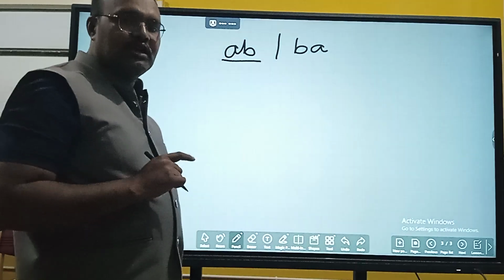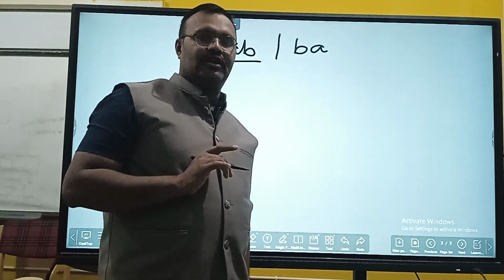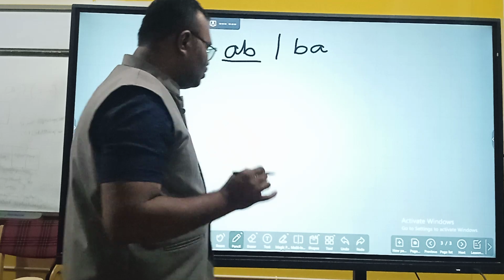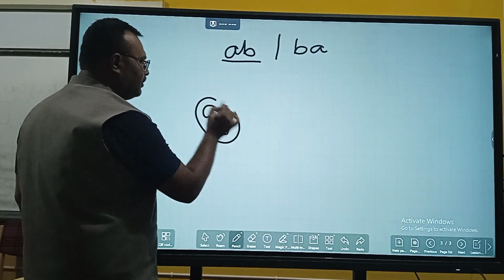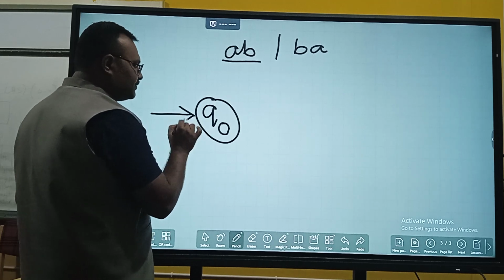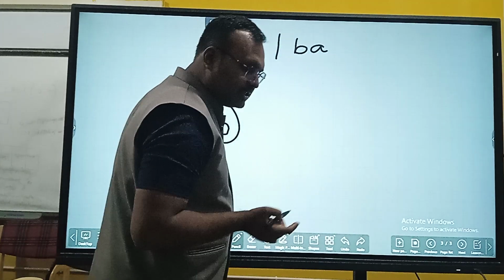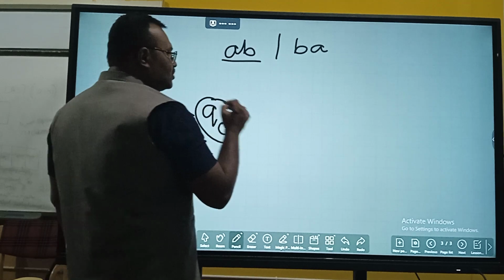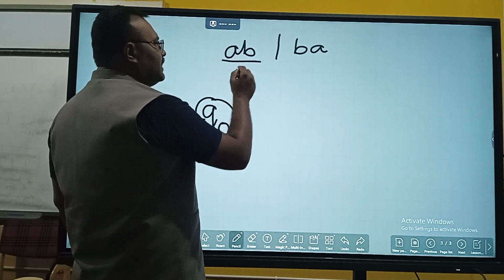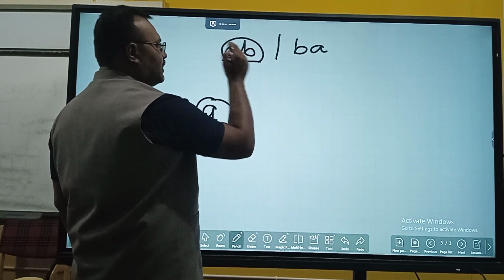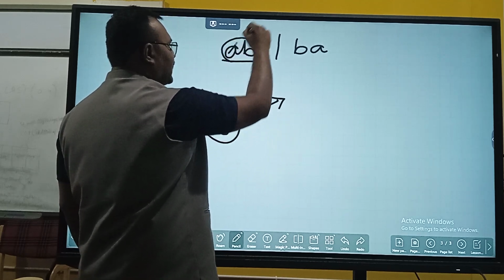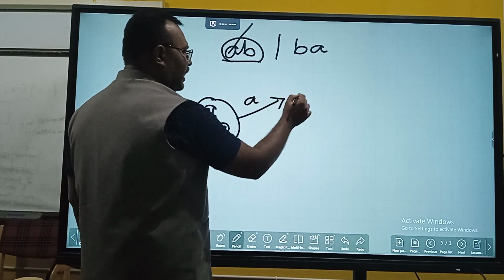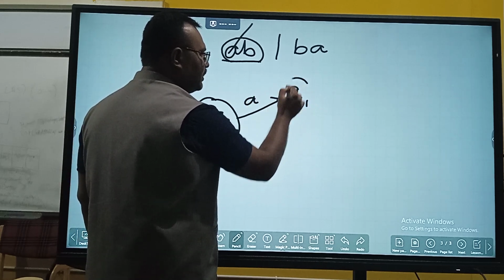So for this, first let us construct a skeleton DFA. I am going to take the start state as Q0, and start state always starts with an arrow that we have discussed in the last class. So now, as my DFA can be ending with AB, for that I'll take the first route in which the first character I have is A, and then I'll be taking Q1.